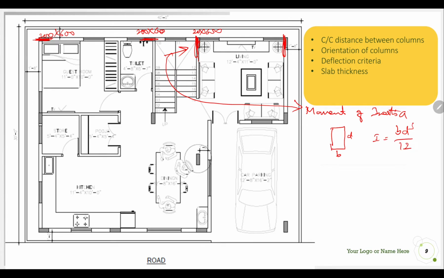And if I am going for a simply supported beam with a point load, what is the deflection? WL cube by 48 EI. Just look at this, the deflection is inversely proportional to the moment of inertia. So if the deflection is inversely proportional to the moment of inertia, the load carrying capacity will be directly proportional to the moment of inertia.